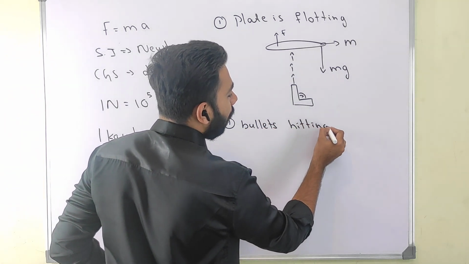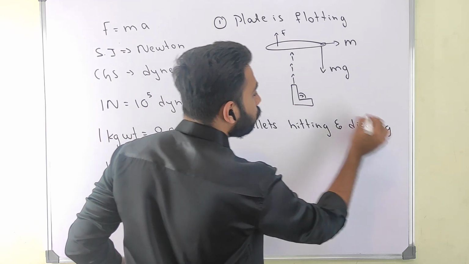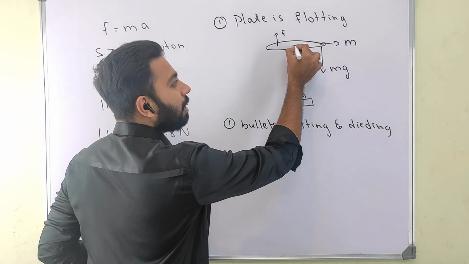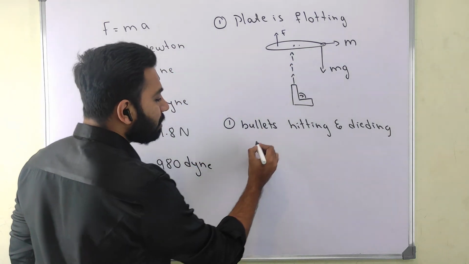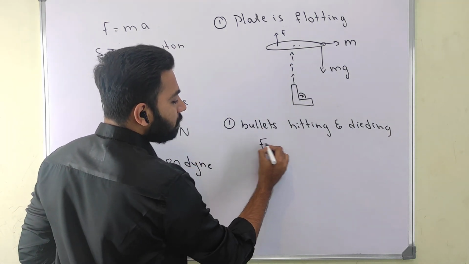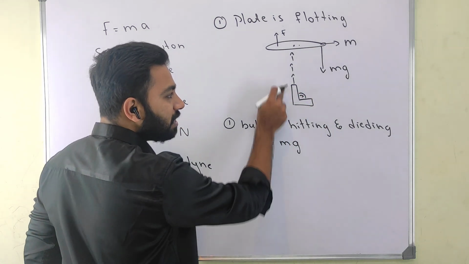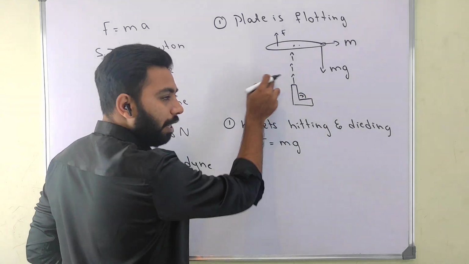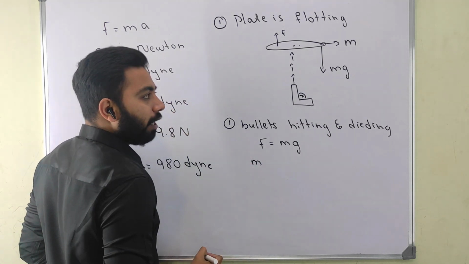hitting and dying. As soon as a bullet hit किया ना, इधर ही मर जा रहा है. It is dying after hitting the plate. Then I can say कि here force is equal to mg, because downside. Now this force is given by this gun. That force equals to mass of bullet.